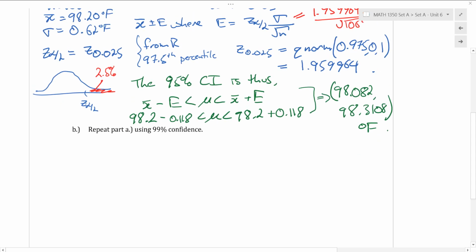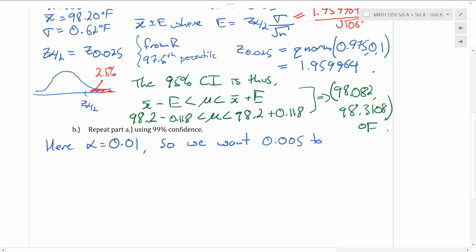So this is a similar problem. Here we now have a different alpha. So we've got alpha equals 0.01. So we will have to again compute the critical Z statistic here. We'd like 0.005 on each side.